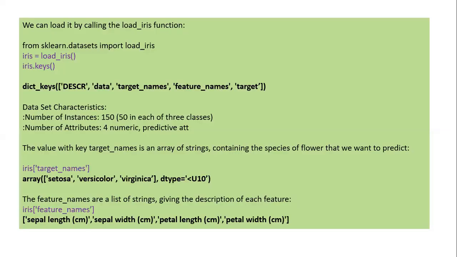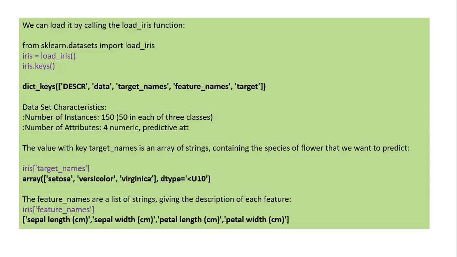First of all, we can load it by calling the load_iris function. This is actually Python code: from sklearn.datasets import load_iris. sklearn is a library, and it has many datasets.